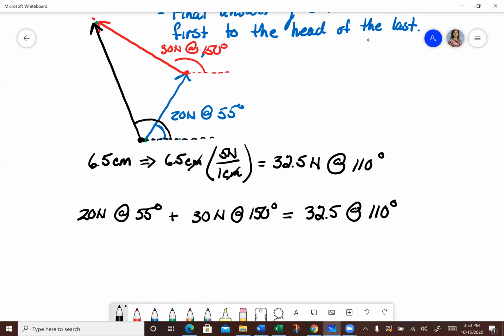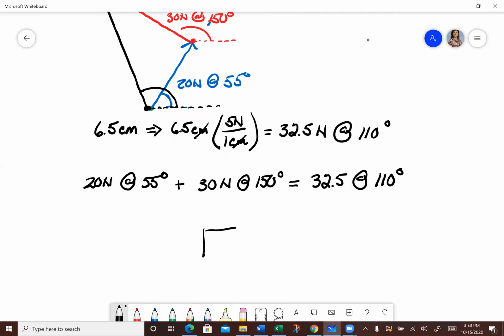Picture-wise, if I have an object, let's say a box of some sort, and somebody's coming along and they're pulling on it with a force like this, and there's another force on it at an angle of the 150 but stronger, the box will move as if there's one force on it acting at the 110 degrees and of a certain value, right?